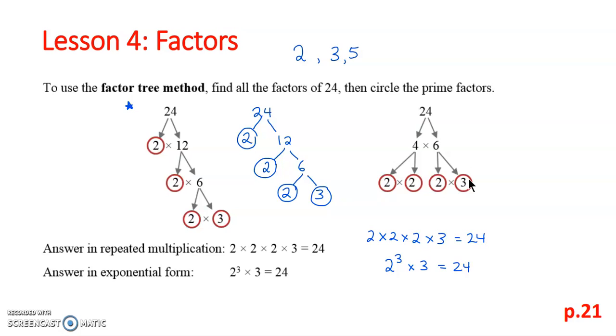Some people do the prime factorization differently. For example, they take any numbers that make 24. In this example, they did 4 times 6, or you could take 3 times 8, and then from there break it down to prime numbers. 2 times 4, for example, and then 2 times 2. You're still going to get the same answer, but what I don't like about this method is sometimes it can get confusing with big numbers, and the different factors can get mixed up in terms of order.